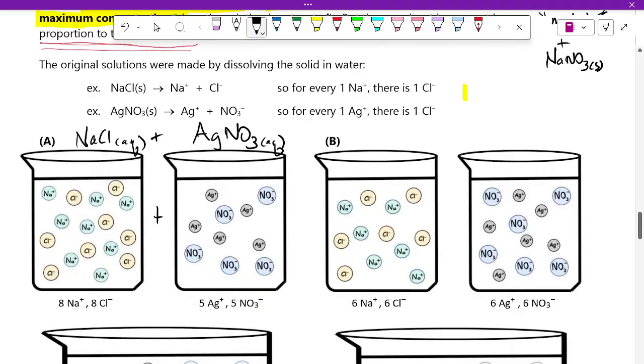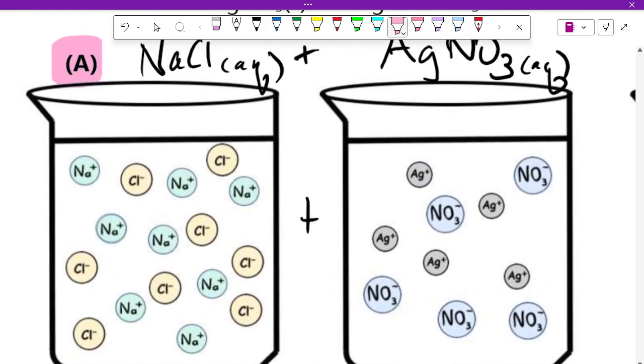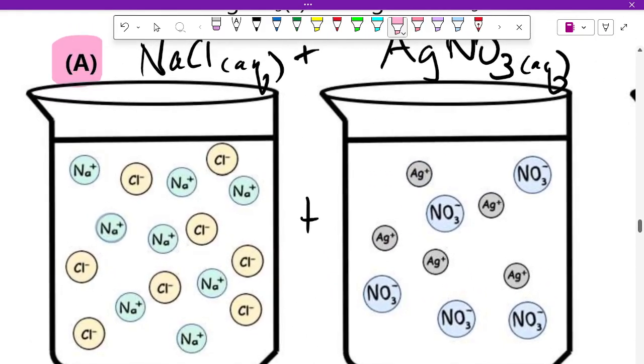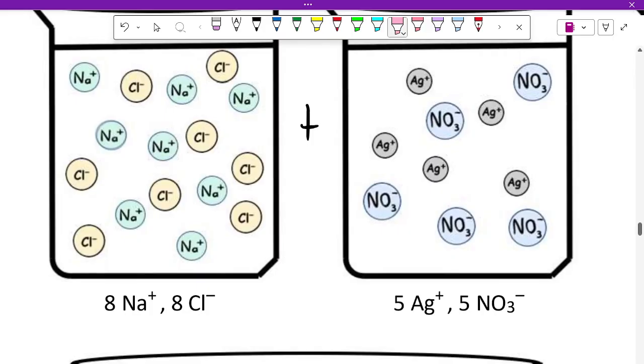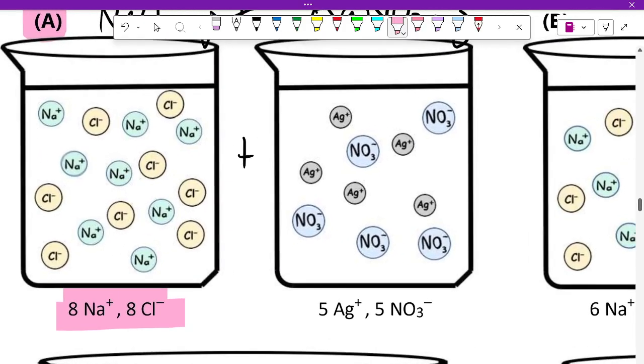And you can see that in situation A, if you count up all the sodiums and all the chlorides in that beaker, you have 8 sodiums and 8 chlorides. If you count up all the silvers and all the nitrates, you have 5 silvers and 5 nitrates. It just so happens I've made the silver nitrate less concentrated than the sodium chloride.